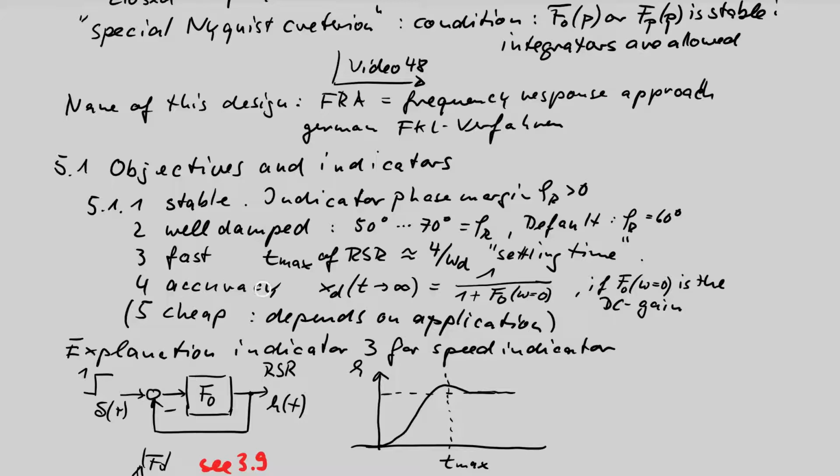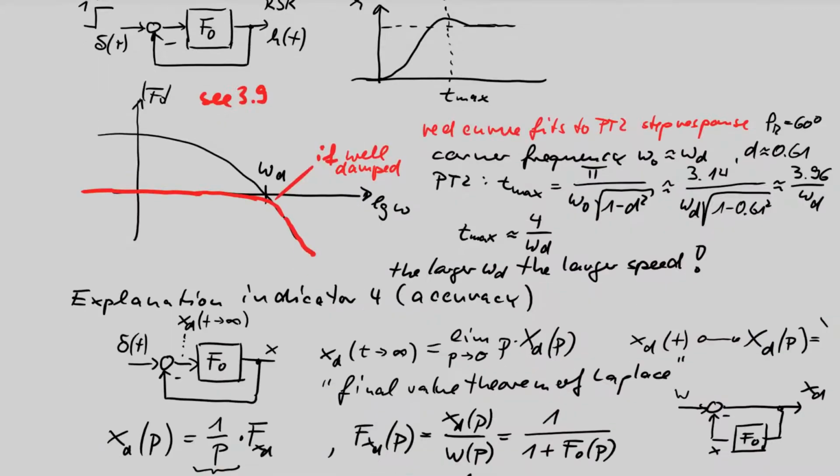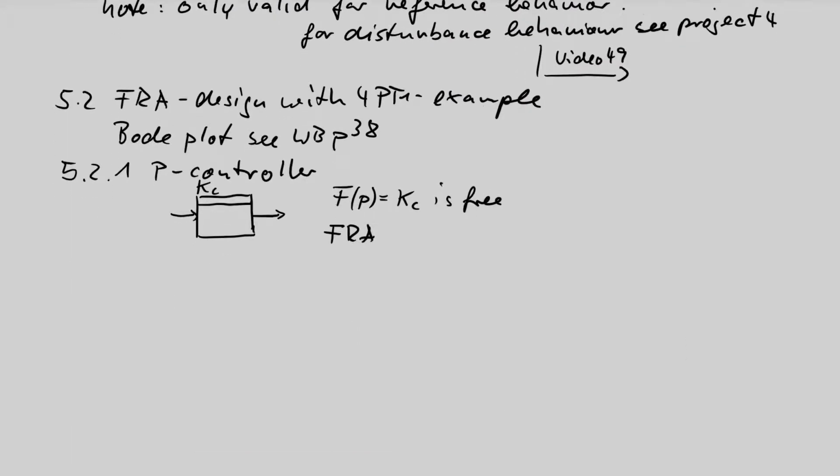This is not so important, if I have only one knob which I can change. Most important, coming out of practice, is the damping. So what I do now in this situation, I design the phase margin.